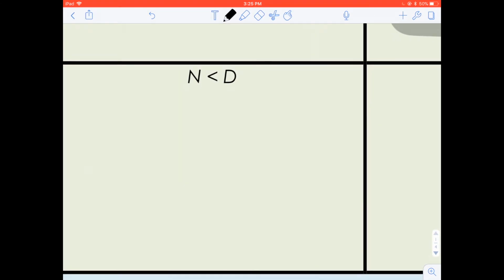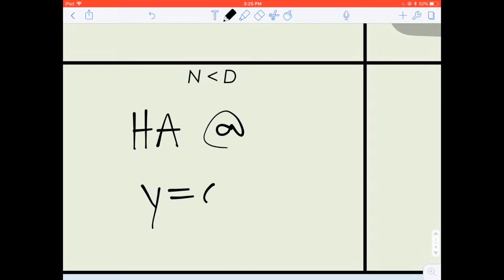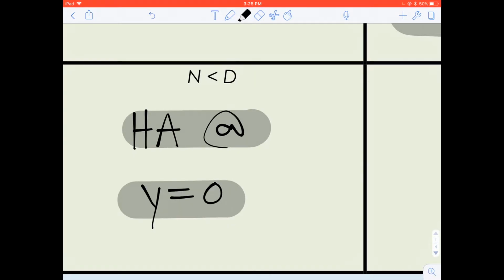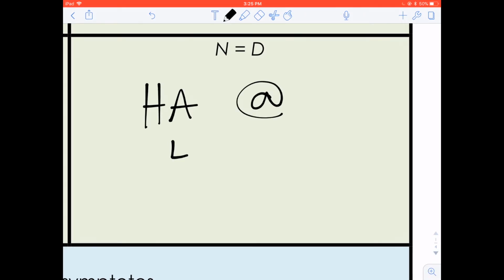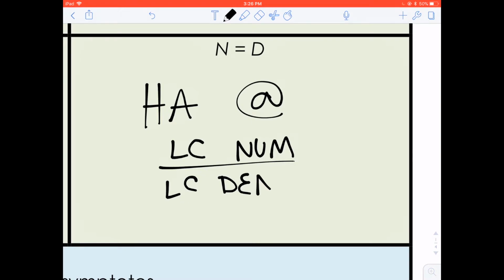All right, then from here it's pretty simple. If the numerator degree is less than the degree of the denominator, then the horizontal asymptote is at y equals 0. That one's straightforward. And if the numerator degree equals the denominator degree, then there is a horizontal asymptote at the leading coefficient of the numerator over the leading coefficient of the denominator.